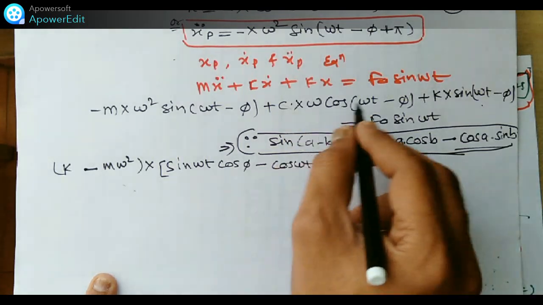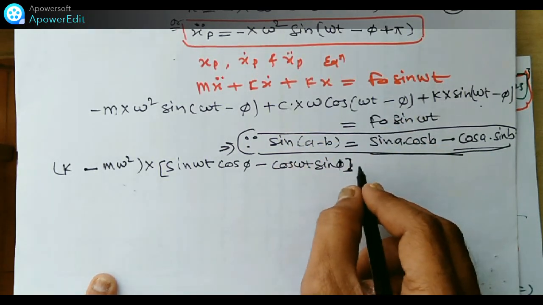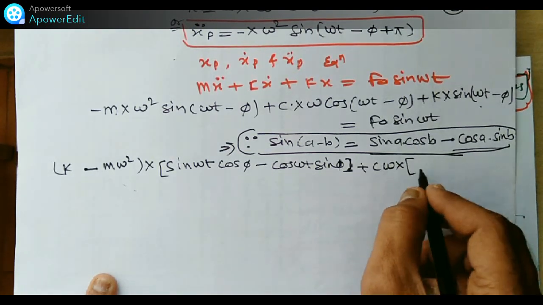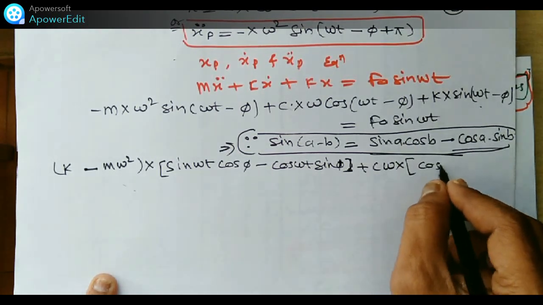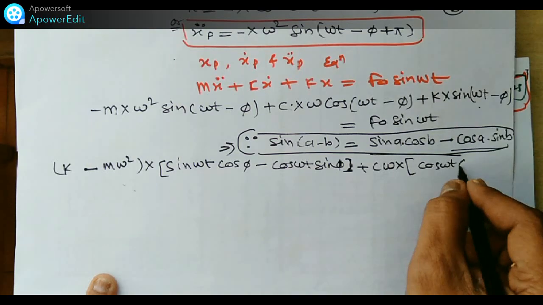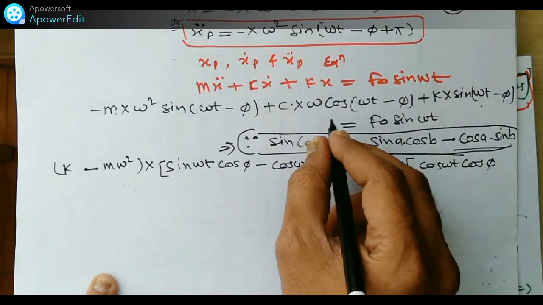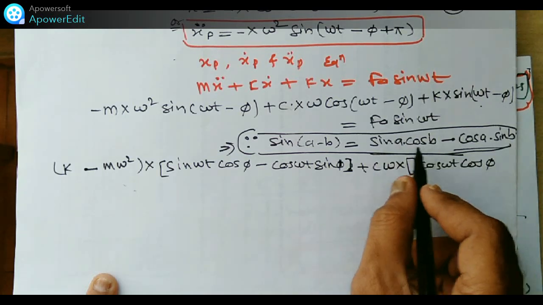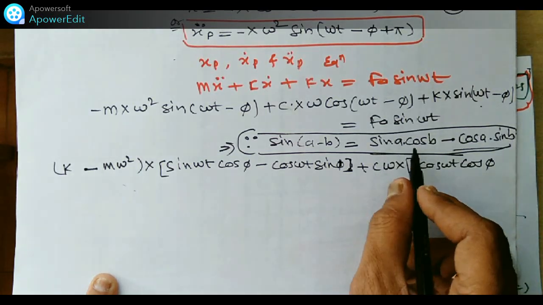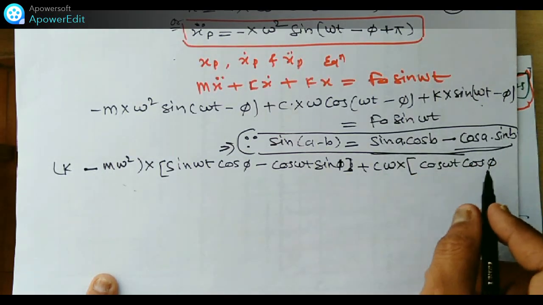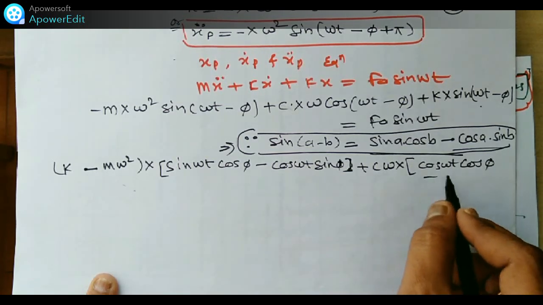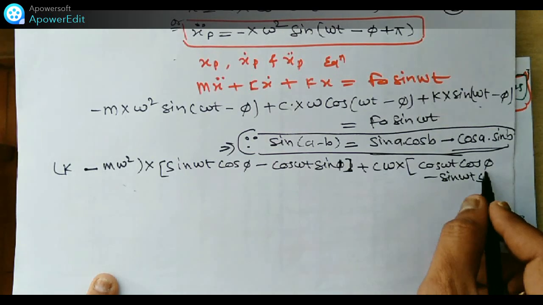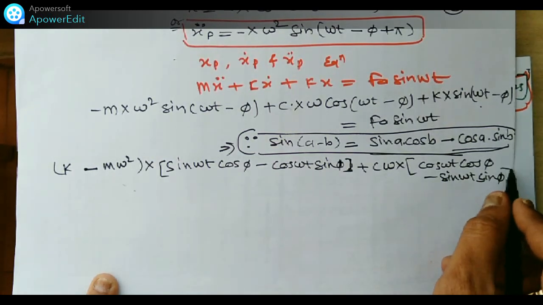The remaining term will be c omega x inside the bracket, cos omega t cos phi, and similarly sin omega t sin phi, because cos of a minus b is cos a cos b plus sin a sin b.